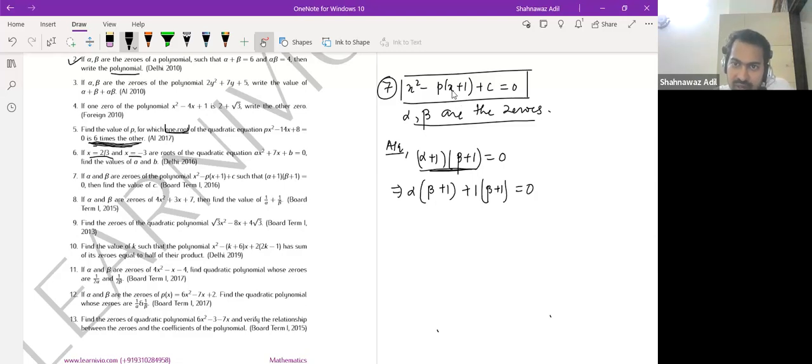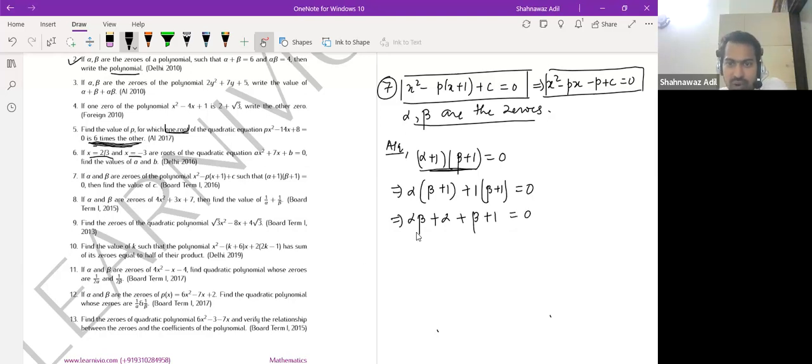So we have to simplify this. The polynomial is x square minus px minus p plus c.